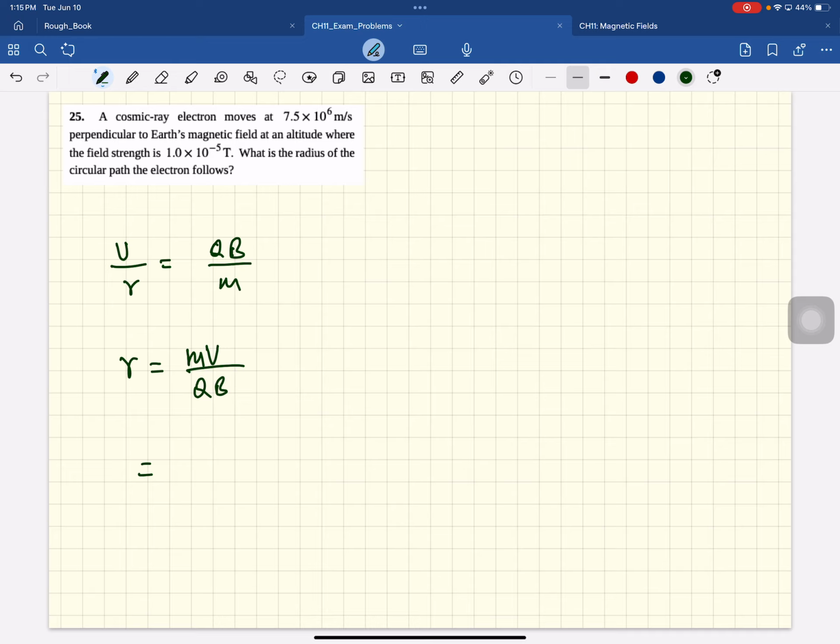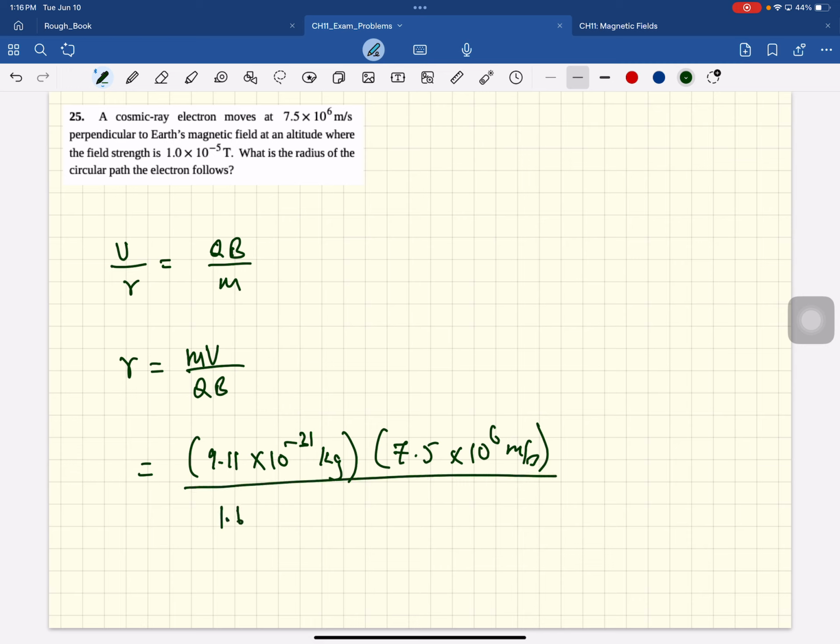Okay. So mass of the electron is 9.11 times 10 to the minus 31 kgs. The velocity is 7.5 times 10 to the power 6 meters per second. Charge is 1.6 times 10 to the minus 19 coulombs. And magnetic field is 10 to the minus 5 Tesla. Okay, let's take care of powers of 10. This is minus 24. That leaves minus 7 there and minus 1.